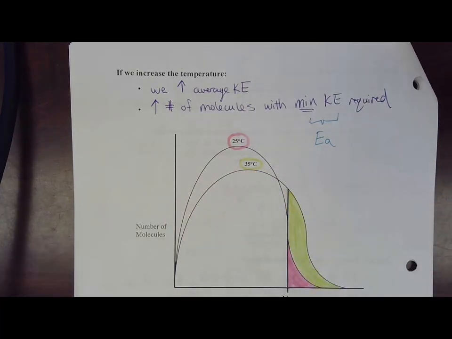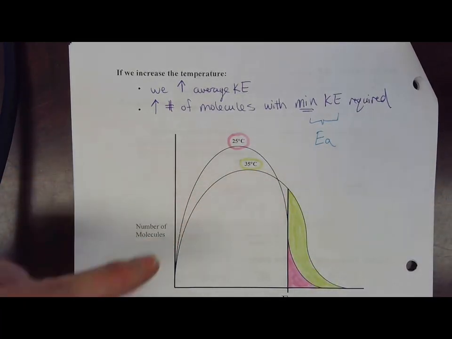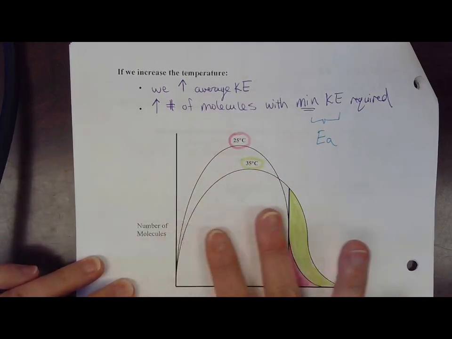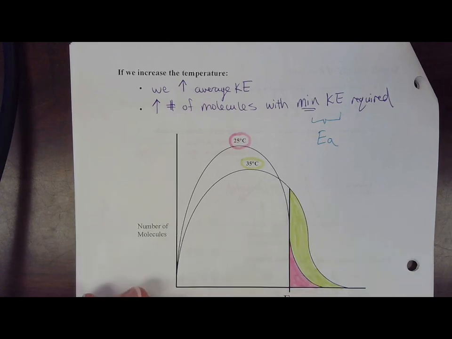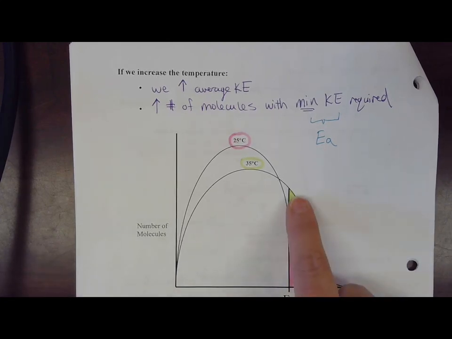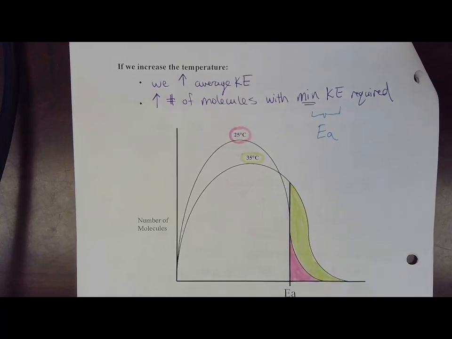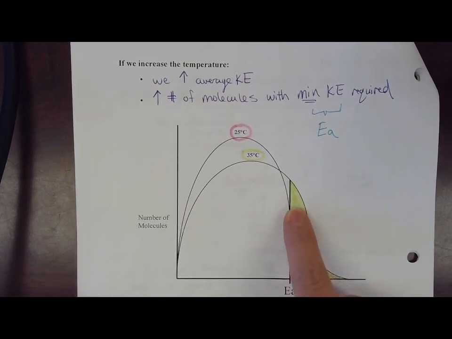So it lowers that peak and it pushes out the distribution. You're not going to be asked to draw these distributions. It's just helping to explain to you why it is that with a higher temperature, we're going to have more reaction. Because more of the molecules are going to be past the line.